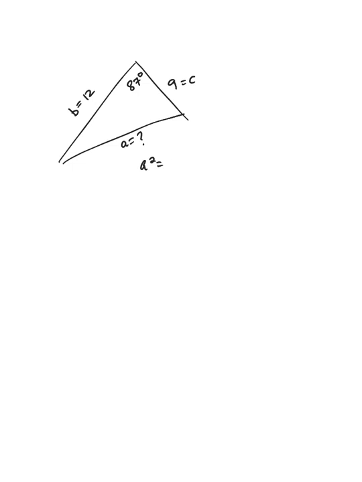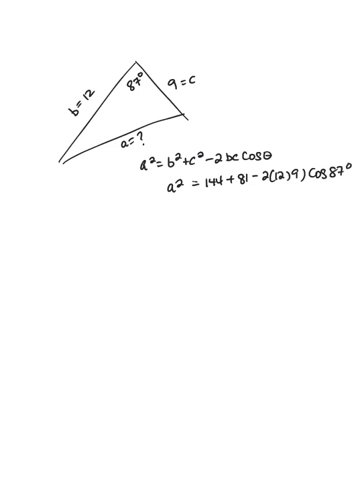So A squared is B squared plus C squared minus 2BC cos theta. A squared equals, well, B squared is going to be 144. C squared is 81 minus 2 times 12 times 9 times cosine 87.